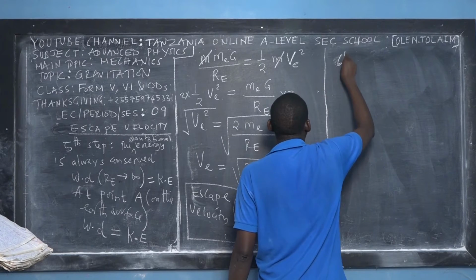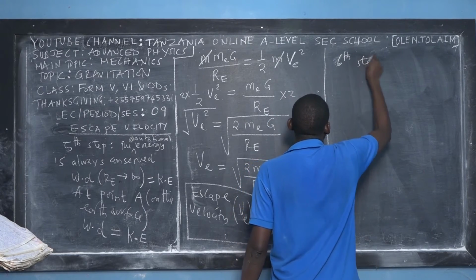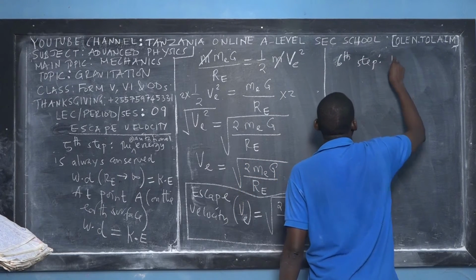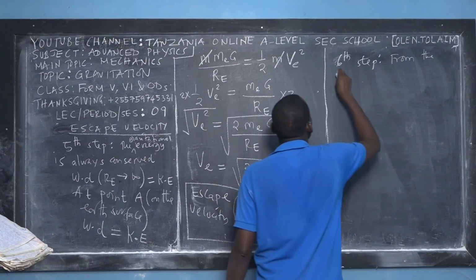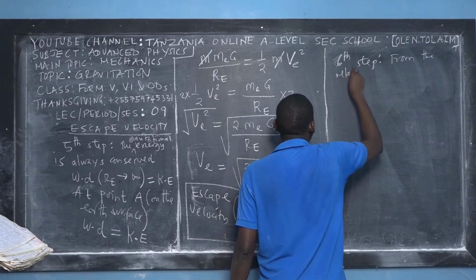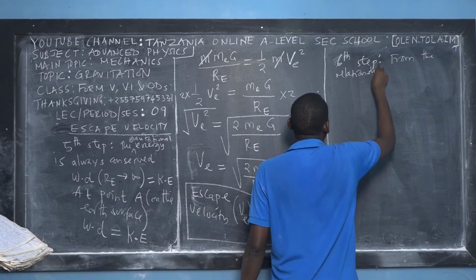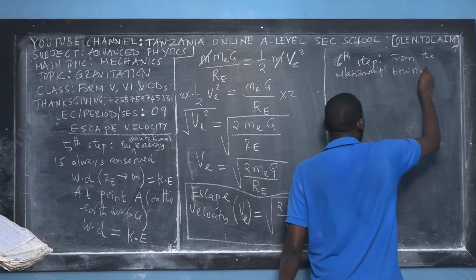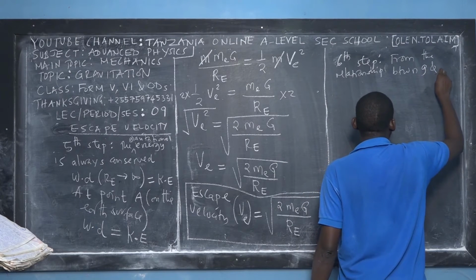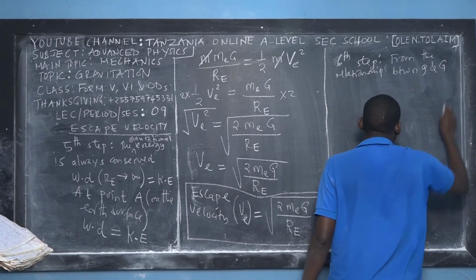Again, we can determine another form from the relationship between acceleration due to gravity and the universal gravitational constant.